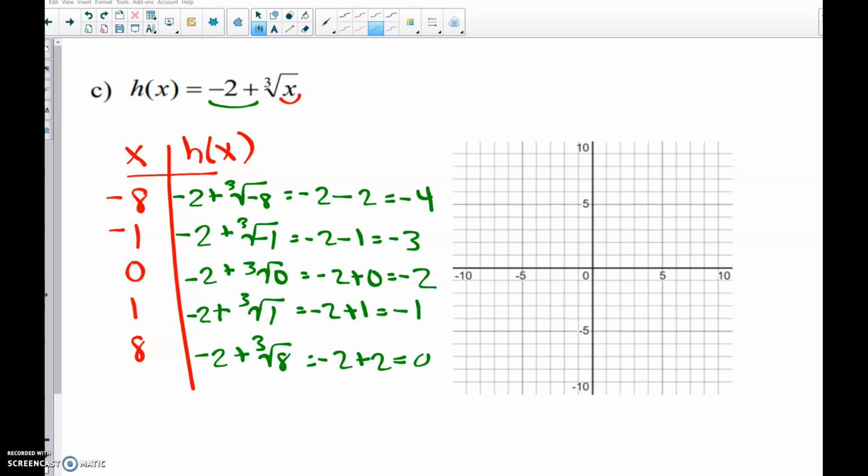Evaluating them, -2 plus the cube root of -8 is -2 minus 2, which is -4. Following suit, the rest of them there. The work is written. Pause if you need to copy those down. And we are going to plot these on the graph. On the right is the graph of the 5 points. The domain and range of this function is all real numbers.